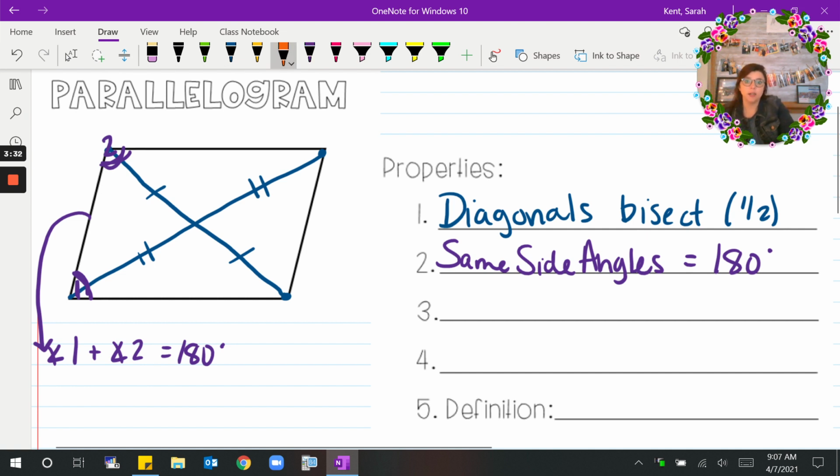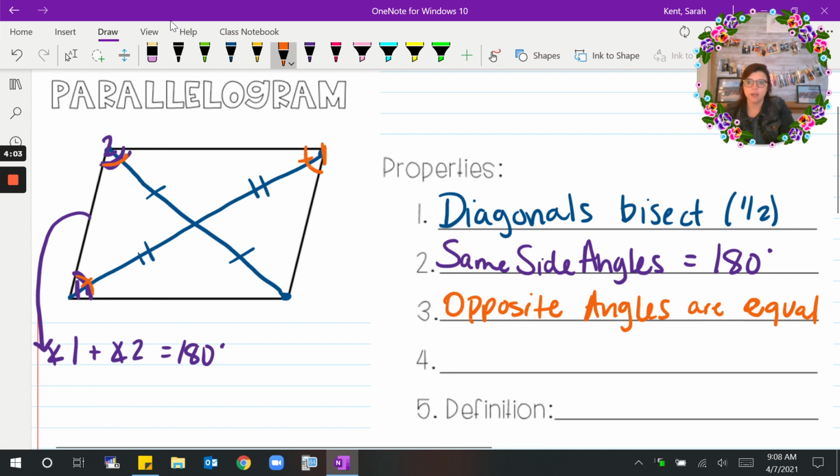Then another property with our angles is that our opposite angles are equal. So that means if angle 1 is at the bottom, then across over here, this would also be angle 1.